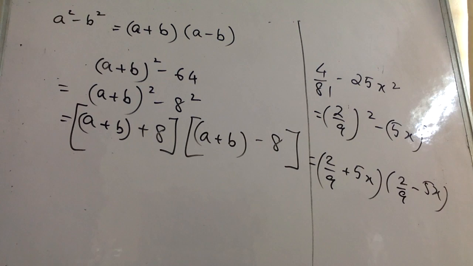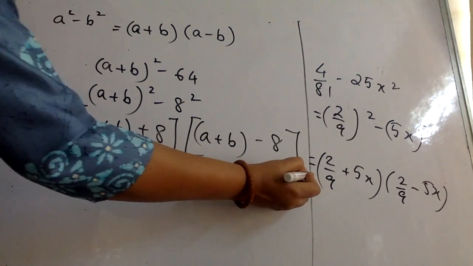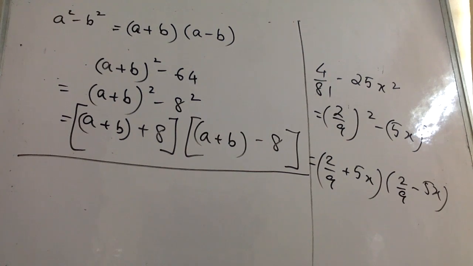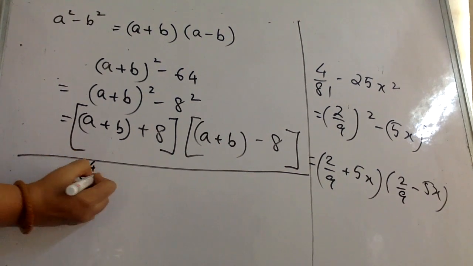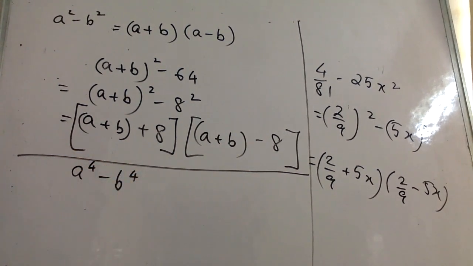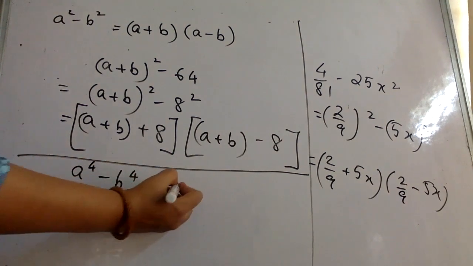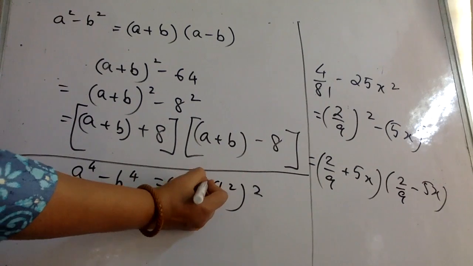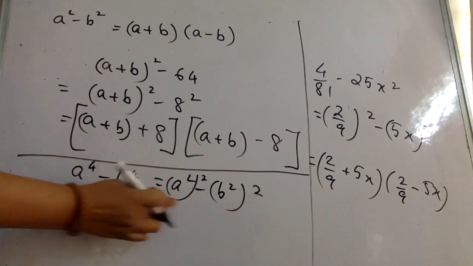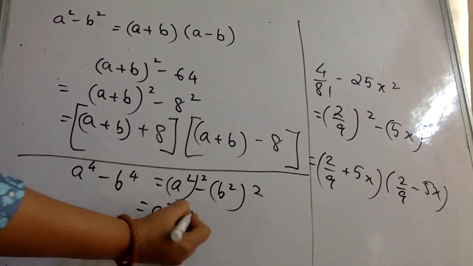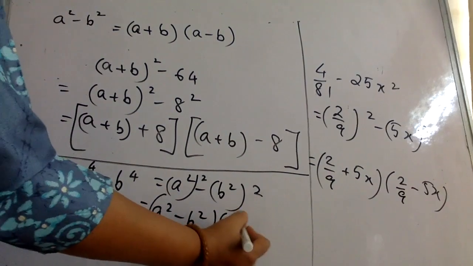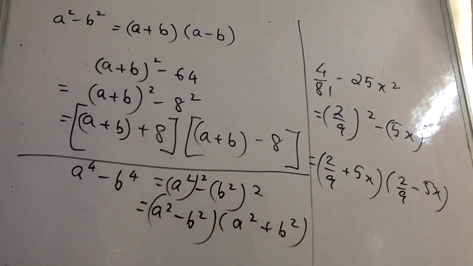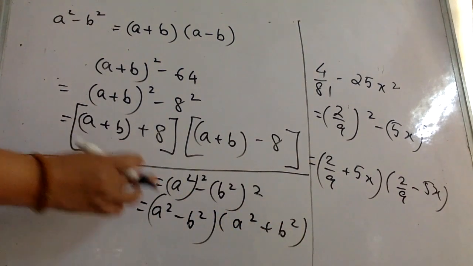Let's take up another small question which is very much prone to mistakes. That's why I'm taking up this question. A to the power 4 minus b to the power 4, which is (a square) square minus (b square) square. Write it like this. So this is still a difference of squares: a square minus b square, a square plus b square. I have used the identity once.